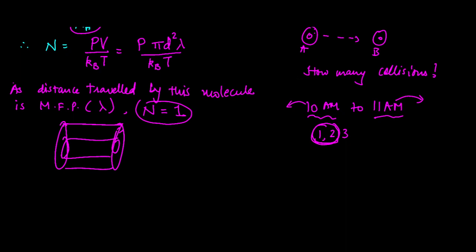Otherwise there would be more collisions; if there is one molecule there is one collision, if there were more there would be more. So n is 1 because there is only 1 collision, right? So that means n is 1. Now if I put n equal to 1, I will get 1 equal to P pi d square lambda by Kb T. Understood this step? This is equal to 1.